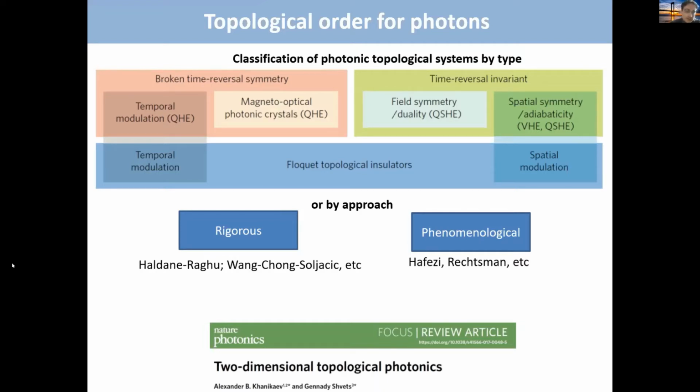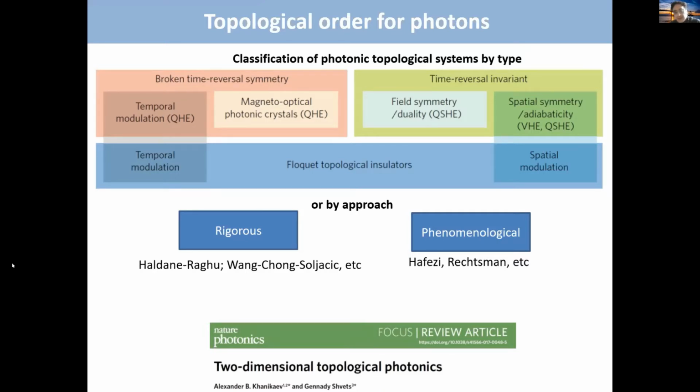One is by breaking time reversal symmetry, which in photonics means using magneto-optical materials, or in the context of polaritonics, having a two-dimensional electron gas in quantum wells in the presence of a magnetic field, coupled strongly to photonic modes, which yields topological polaritons.